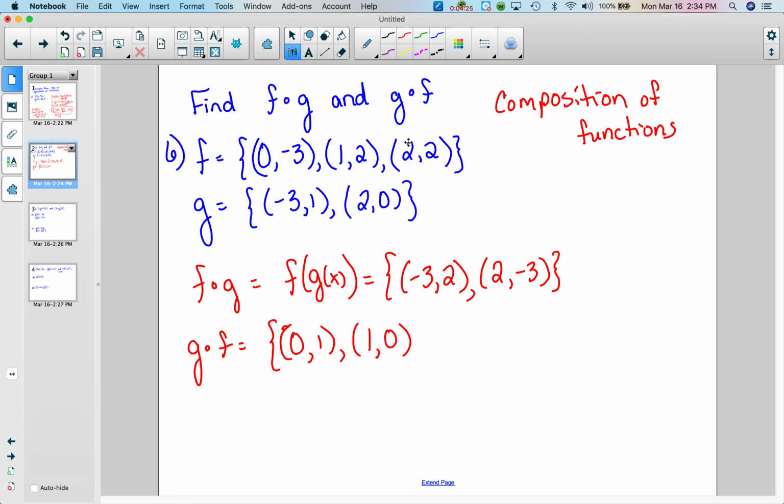And then for the last one, we started with a 2, so 2 goes to 2, and 2 goes to 0. So we end up with those 3 ordered pairs.